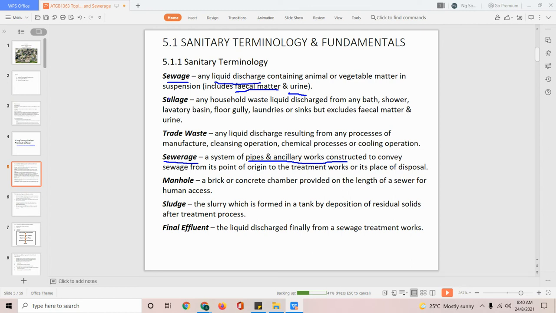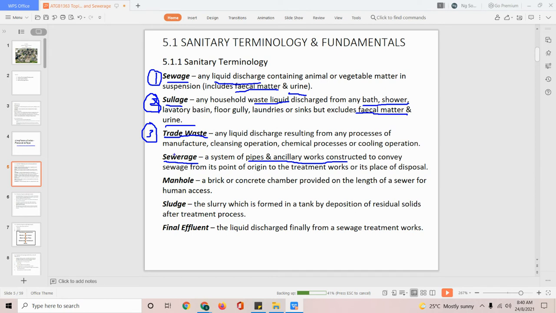And then we have another. So this one is number one, which is important. So this one is number two. We have sludge. So this is any liquid from our bath, shower. The important thing is this is excluding fecal matter and urine. And then next one, number three, we have trade water.